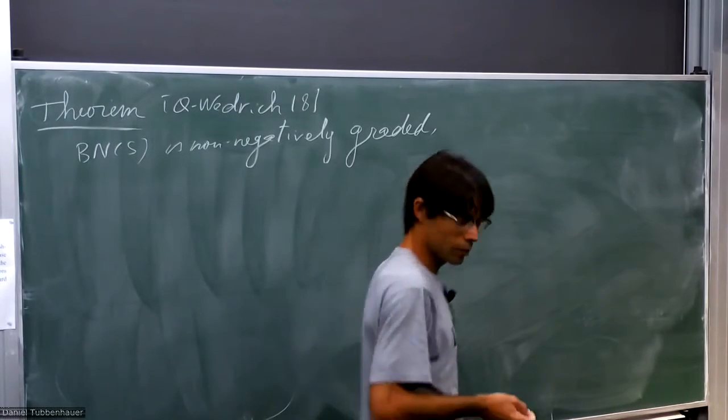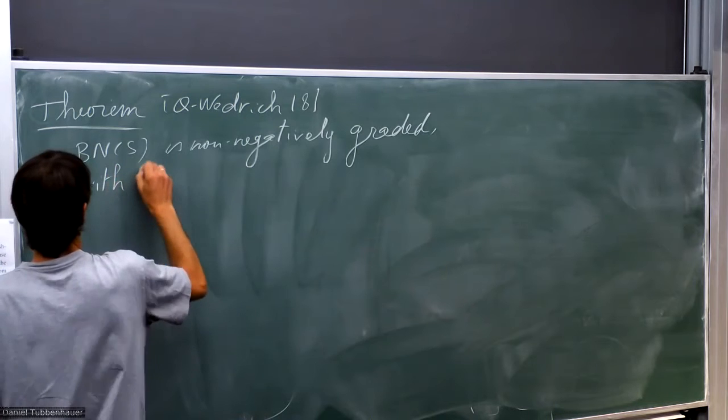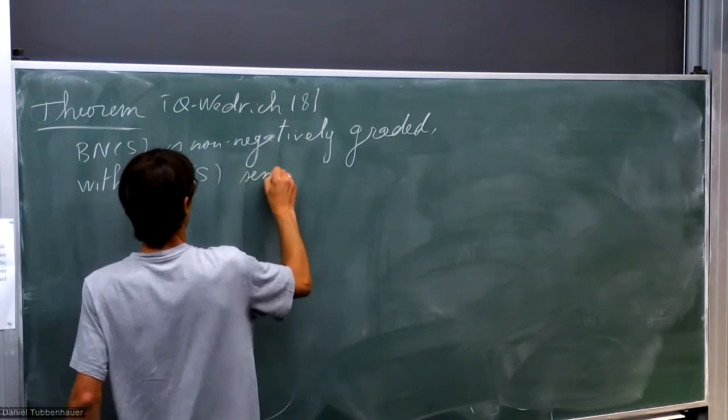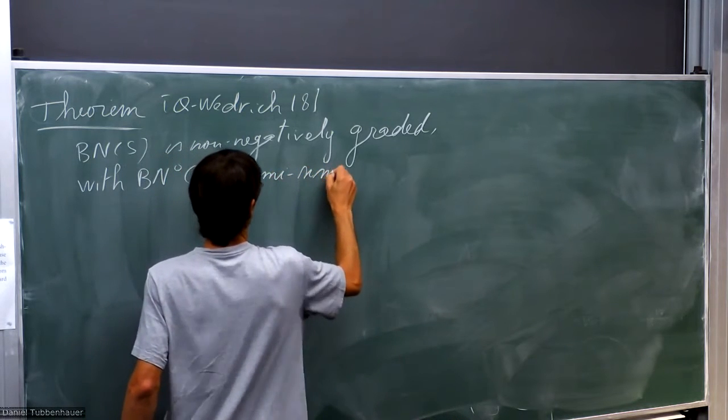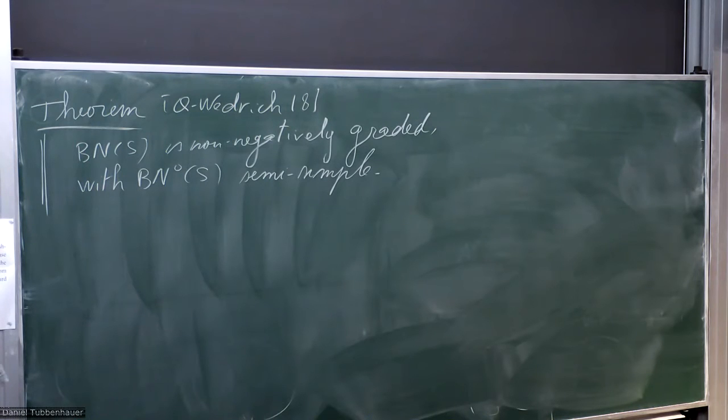And furthermore, its degree 0 part is semisimple. So we have some graded version of semisimplicity, which should be good enough for us.